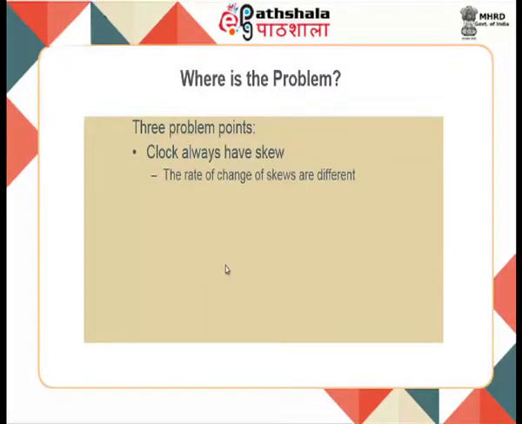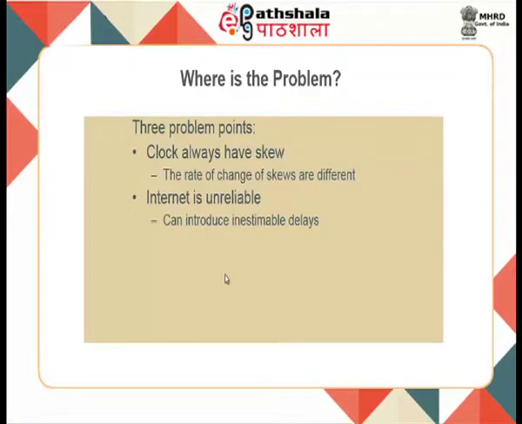And the rate of drift is not the same. So, we cannot make an assumption that this clock is running faster or slower. It has to be checked. And all these distributed environments like the cloud depend for their communication on the internet, and thereby a networked environment.